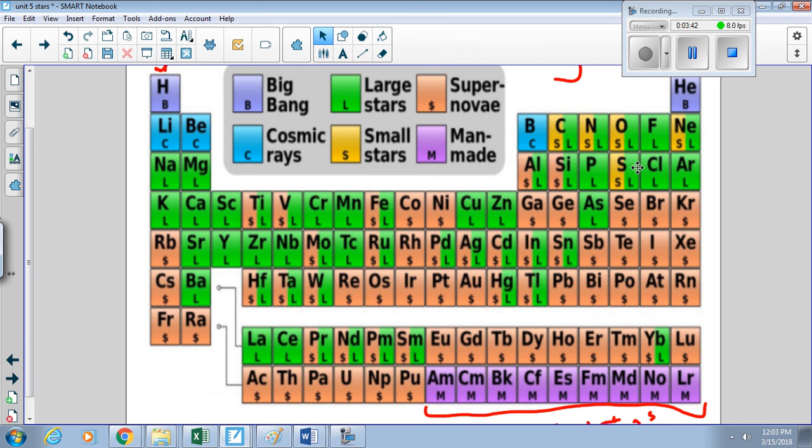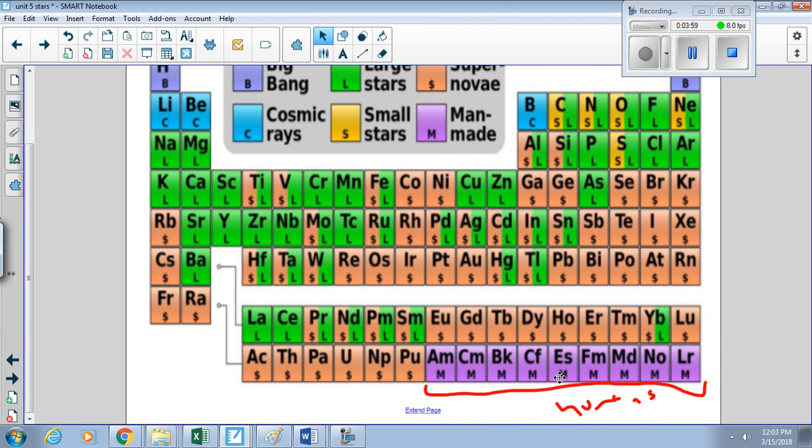These are large stars making our heavier elements. Blue are going to be when ions are reacting with cosmic rays. We have some of them making some of our smaller stars over here. Supernovas are creating these. And then, hey, why not? We made these. That's us. Go humans. We are awesome at making things and having them not last very long.